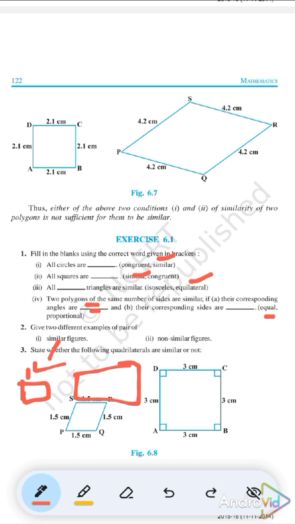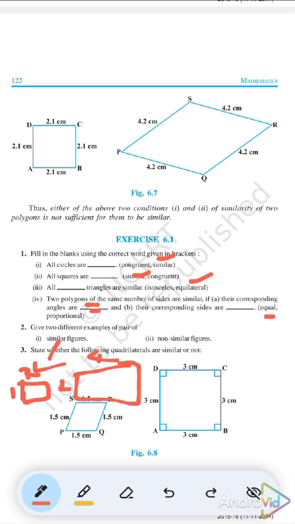Here the length is 2 and breadth is 1, and here the length is 4 and breadth is 2. So hence 1:2 is equal to 2:4. Hence these are proportional. These are similar figures.